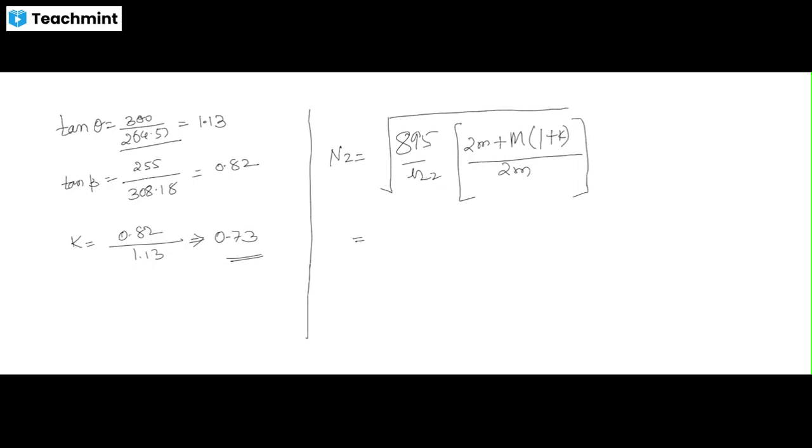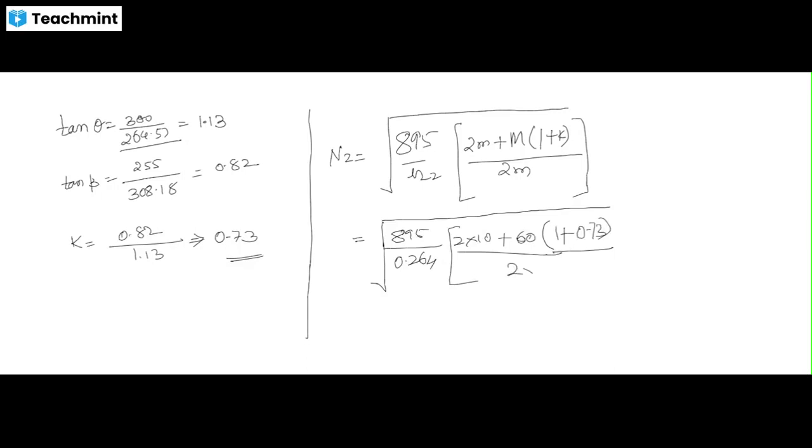This is 895 divided by 0.264 in bracket 2 into 10 plus 60, 1 plus K is 0.73, divided by 2 into 10. Now you find out N2.